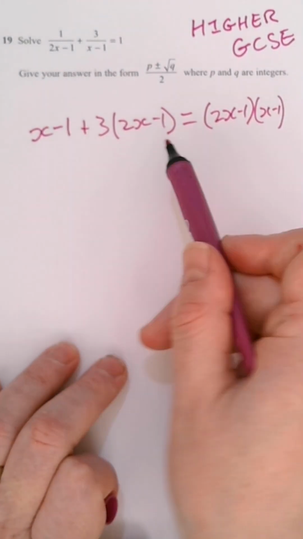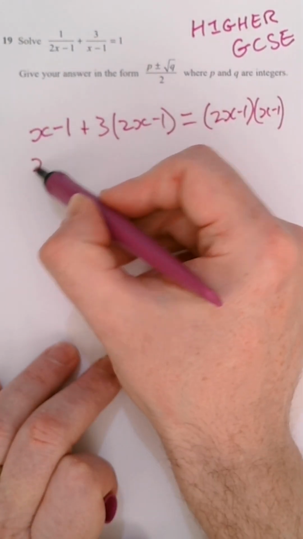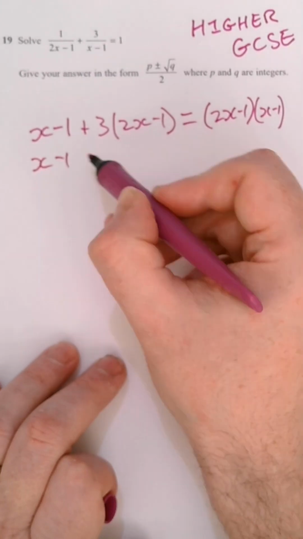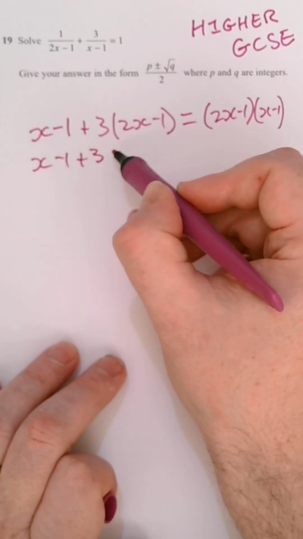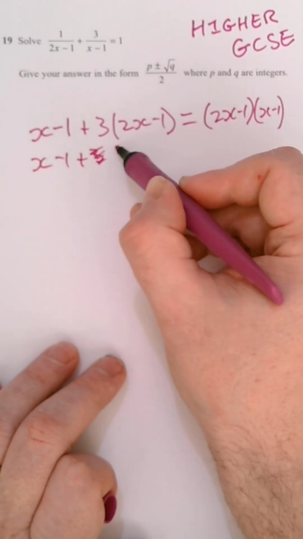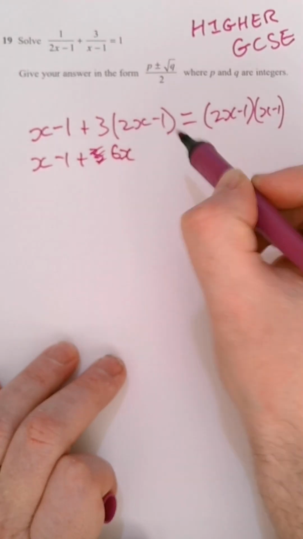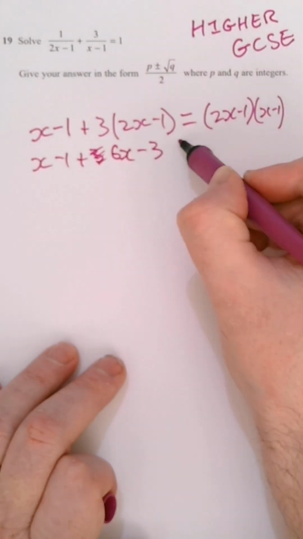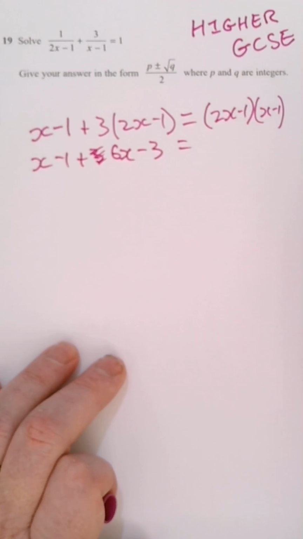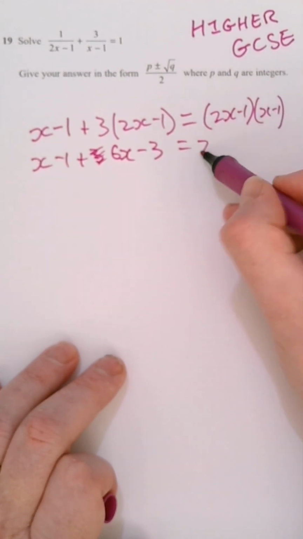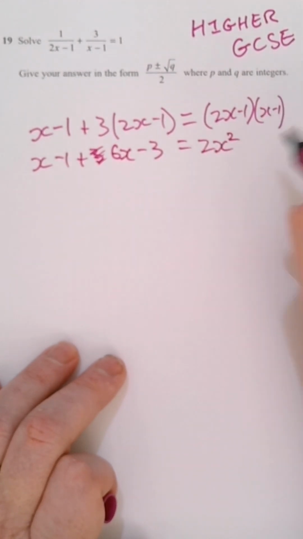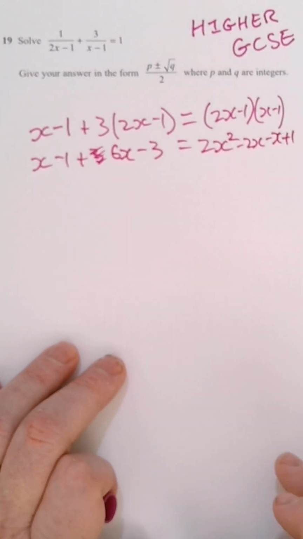Now we're going to tidy this up a little bit. So I've got x minus 1. Let's expand these brackets. 3 times 2, that's 6x. 3 times minus 1, that's minus 3. And on this side, I'm going to expand the bracket. So I've got 2x squared minus 2x minus x plus 1.